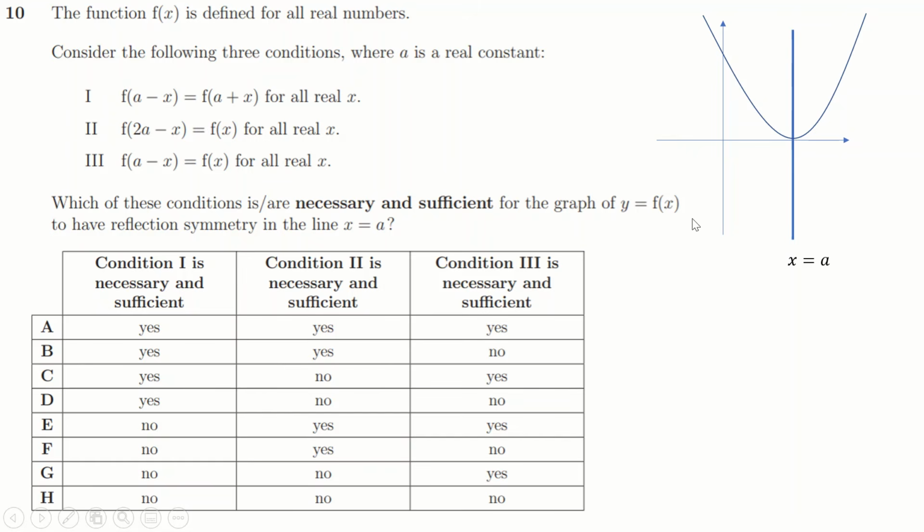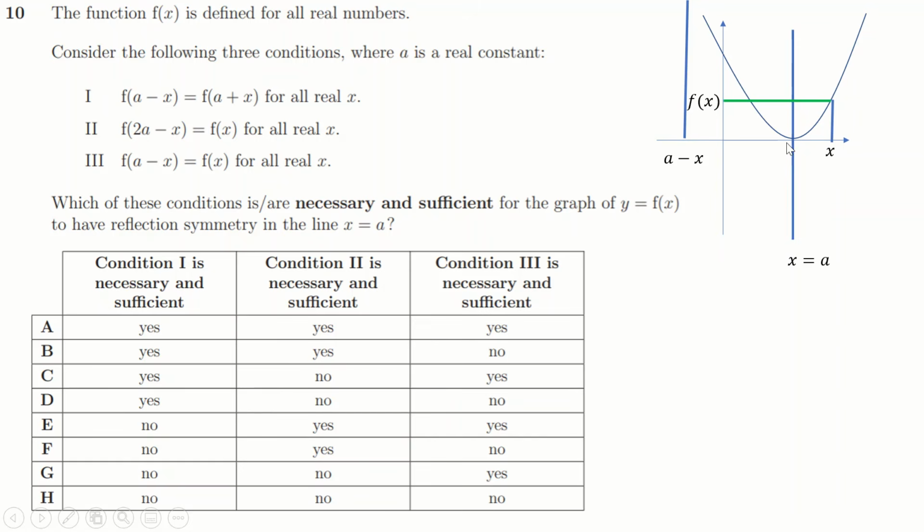Now, if this is the point a, let's pick a random point x there, and say that this across here is f of x. So this is just some random point a, and let's call this just some random point x. Now, let's figure out where all of these things are on my picture. a minus x is what happens when you take a and you take away x from it.